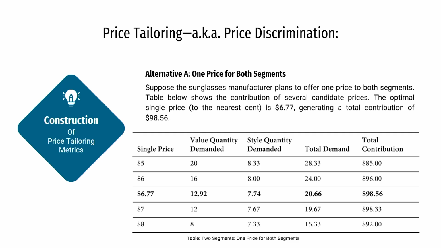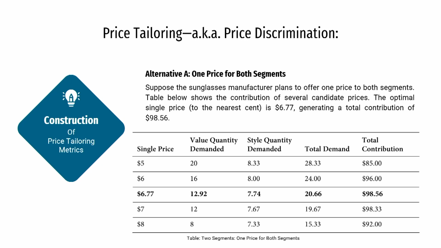So, basically, the average contribution per unit will be 85.00 divided by 28.33. For each of the segments the individual contribution per unit will be different, right.